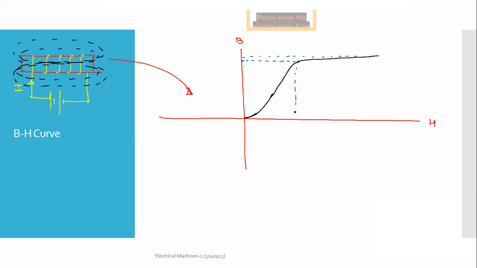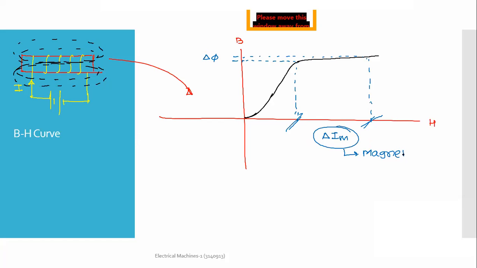You see the difference: how much magnetic field intensity is required to set up only this small flux. See the difference that you require in the magnetizing current to set up this much change in the flux. And this is what is called the saturation of the core.